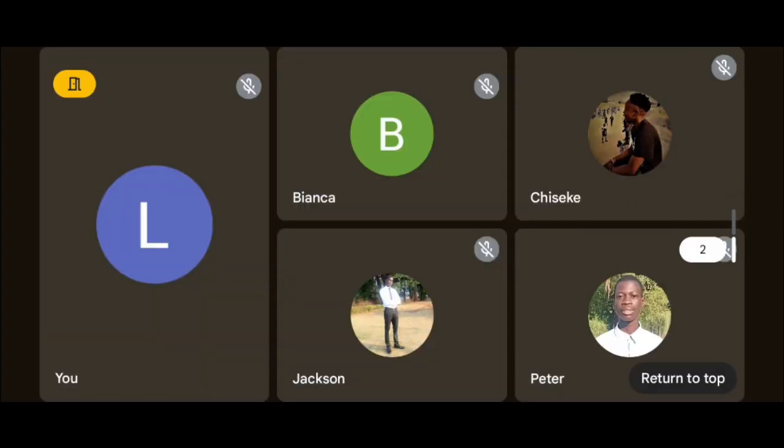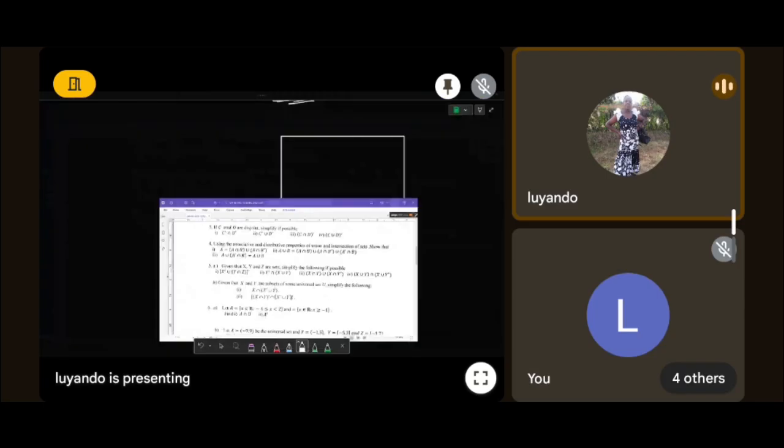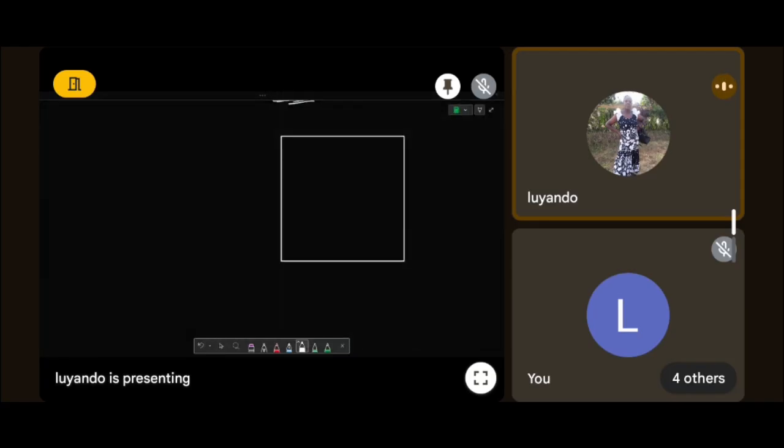And this one, they are saying that C and D are disjoint. When we say C and D are disjoint, it means that C and D are simply not connected. If we were to write them in a Venn diagram, they would look like this.